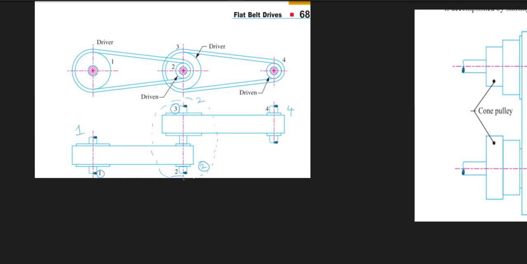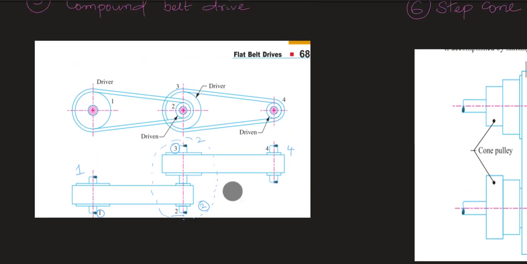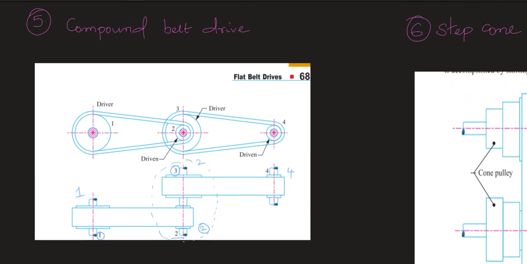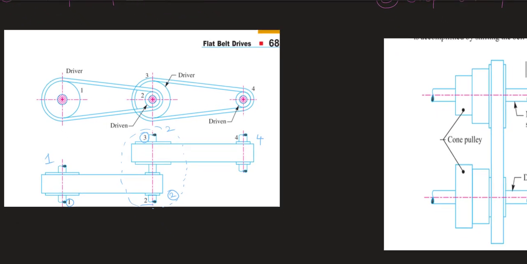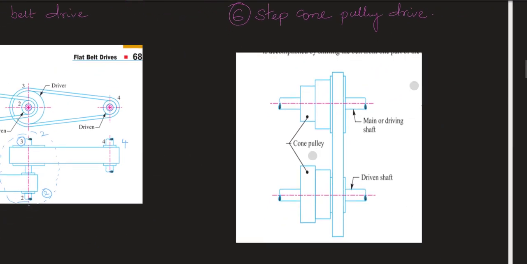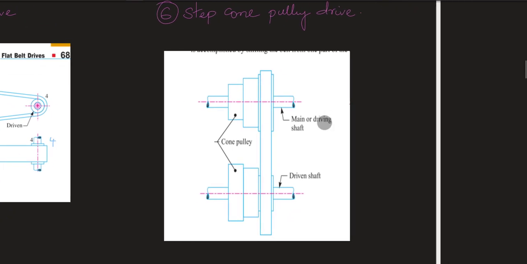So if you want to achieve a higher speed ratio, then you will be using this compound belt drive. The name itself indicates that it is compounded.